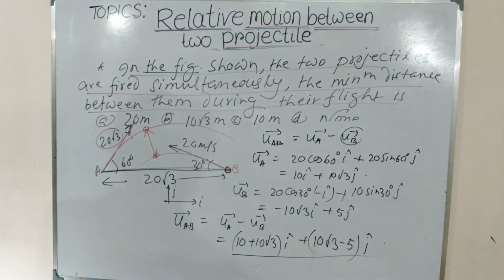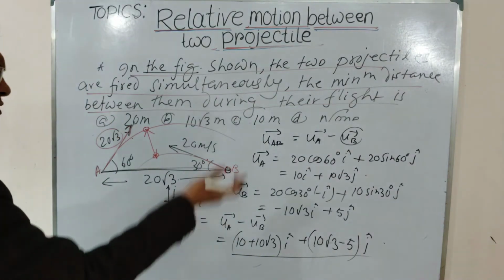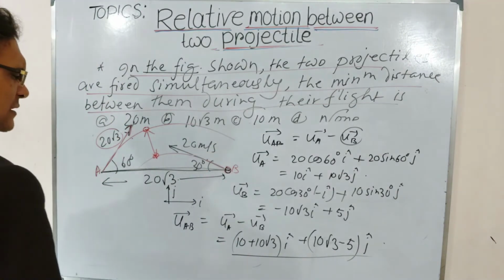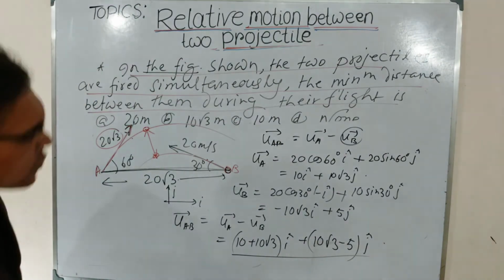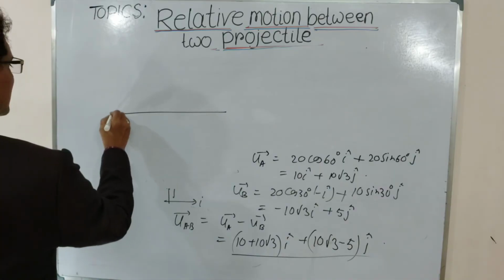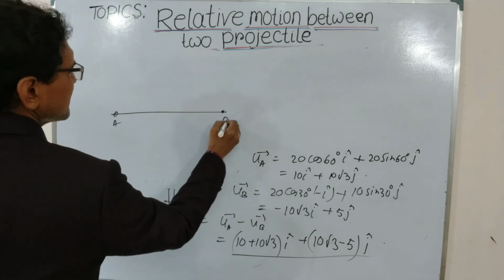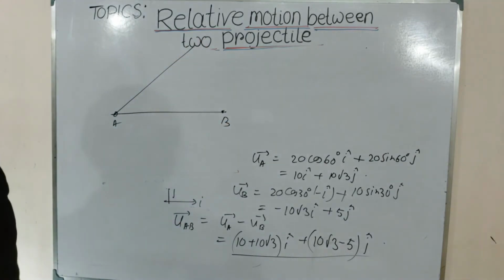So this motion is a vector. This motion is along a straight line, but it moves at an angle alpha with the x direction. So this is A, this is B. The particle moves along this direction.